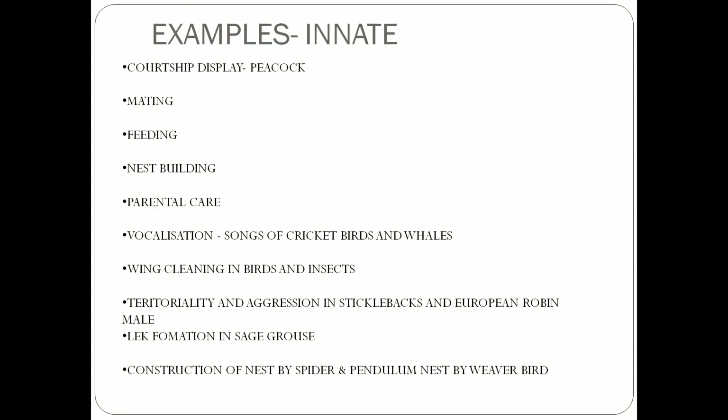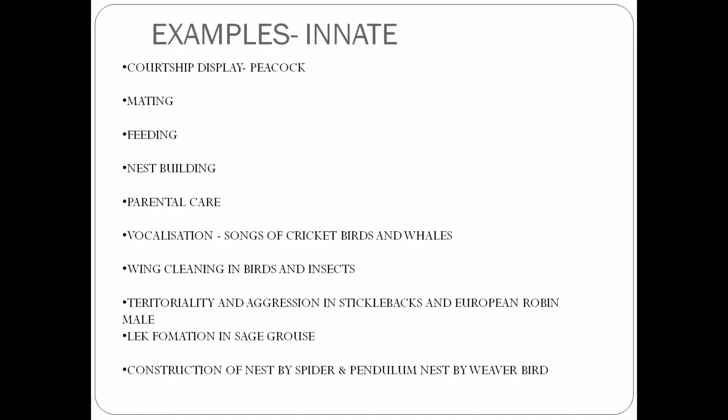Some examples of the fixed action pattern. A very common example is the courtship display by the male peacock. During the mating season or the rainy season, the male peacock displays the feathers and does a specific courtship dance. This display by the male peacock is not taught to the male by any other conspecific.